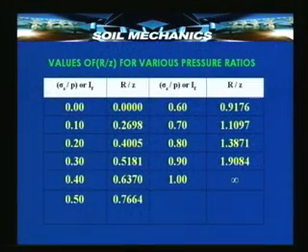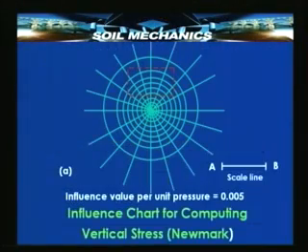This gave an idea to Newmark to represent influence factors in terms of sectoral areas of circles, as shown in the next figure or the table. This is the table which is used, and this is the chart.